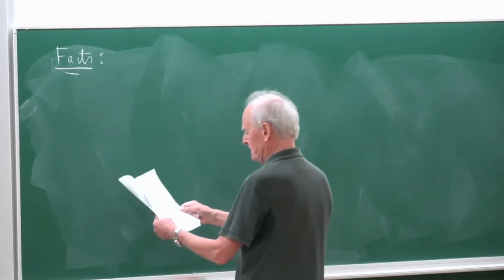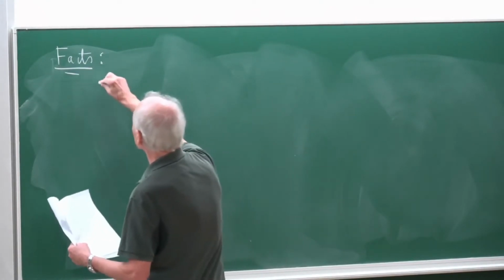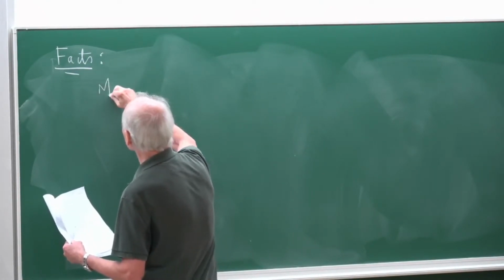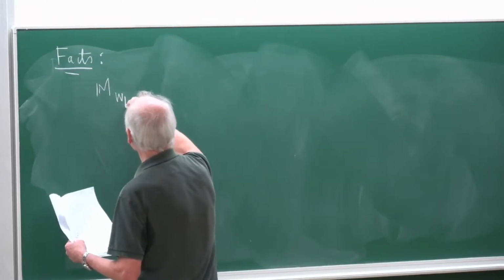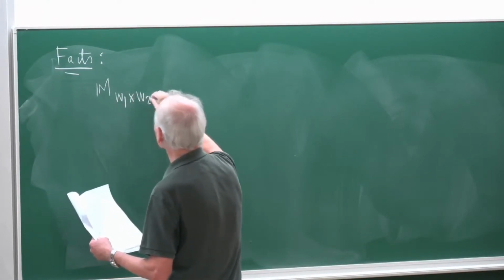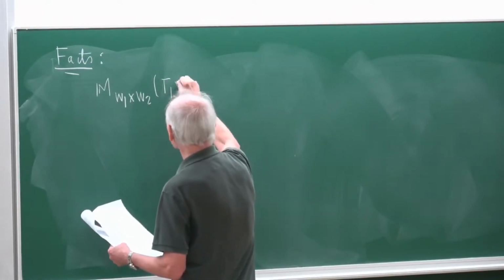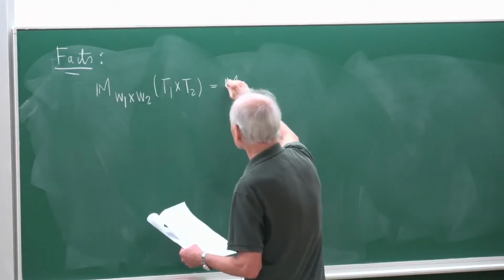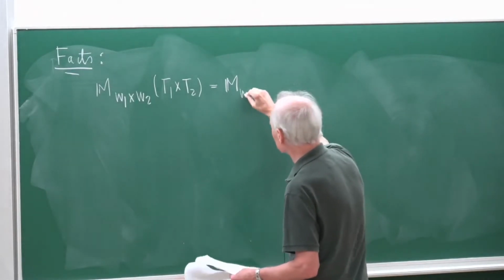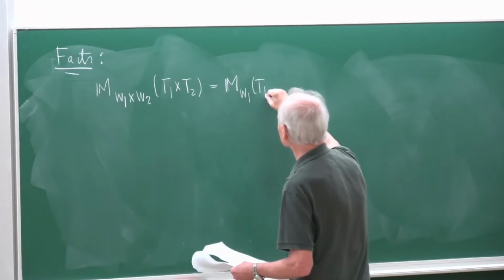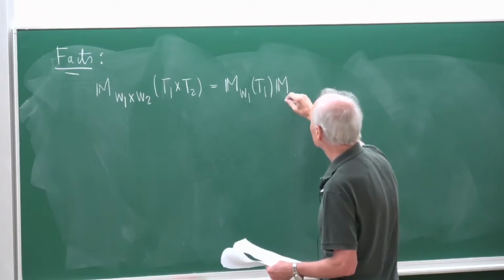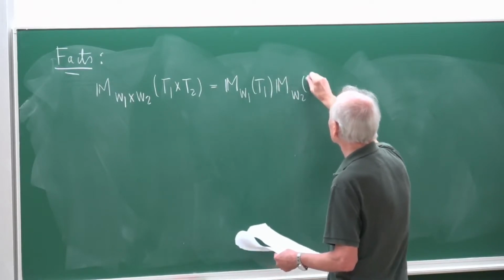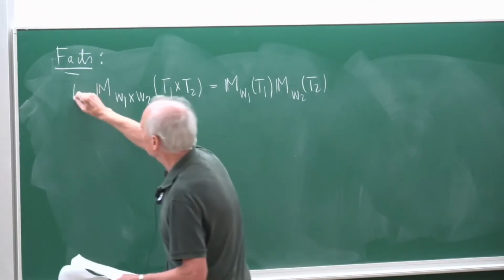The first fact is that M_{W1 cross W2}(T1 cross T2) is just the product of the masses. All of these are easily checked, so I'll just leave it for you to check. So that's the first fact.